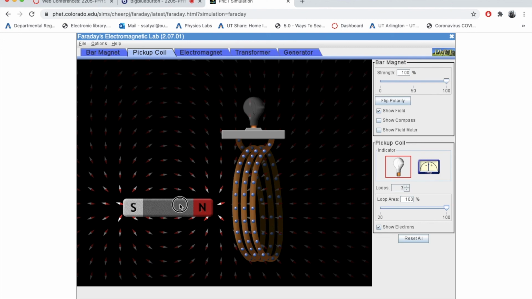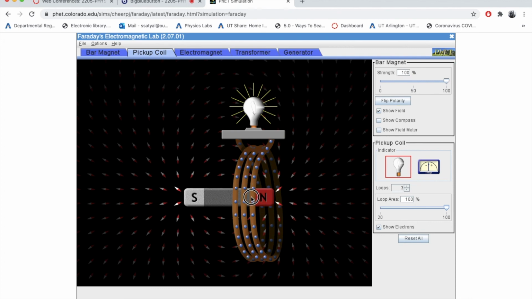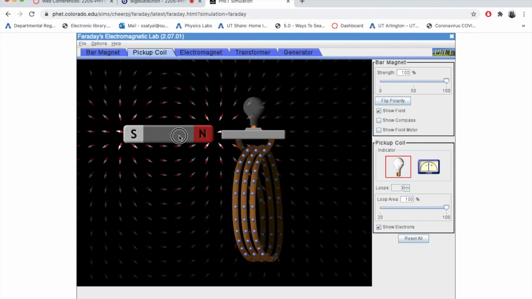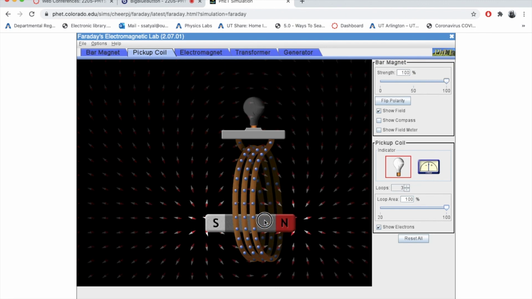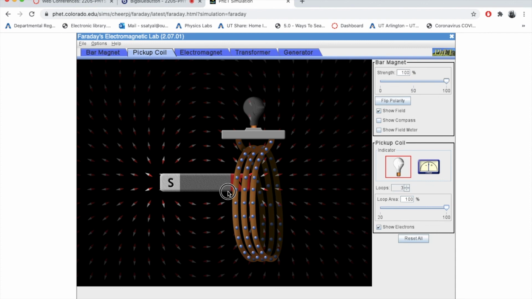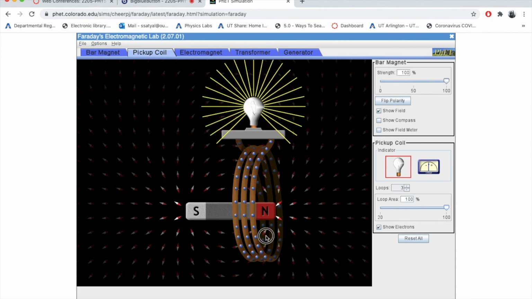So when I move it horizontally along this line, that's when I have the magnetic flux passing through it. I can reduce that flux by changing the angle at which the magnetic field lines pass through the area, so that goes down by theta.